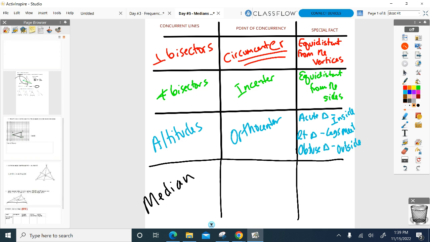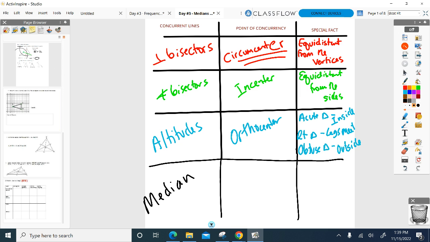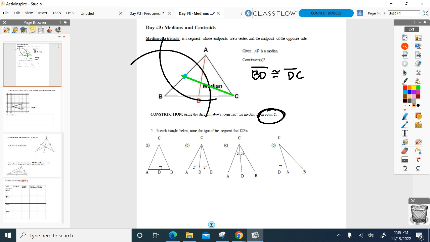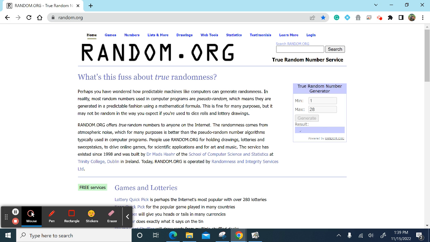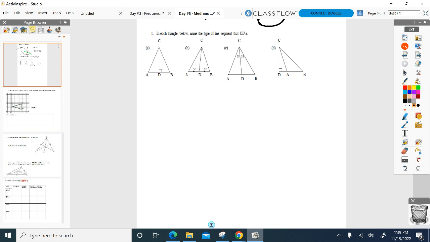So take a look at diagram A. Be ready to answer. Diagram A. CD is a, give me your best name for that. Median? Medians go to where, Nick? What did we just go over?